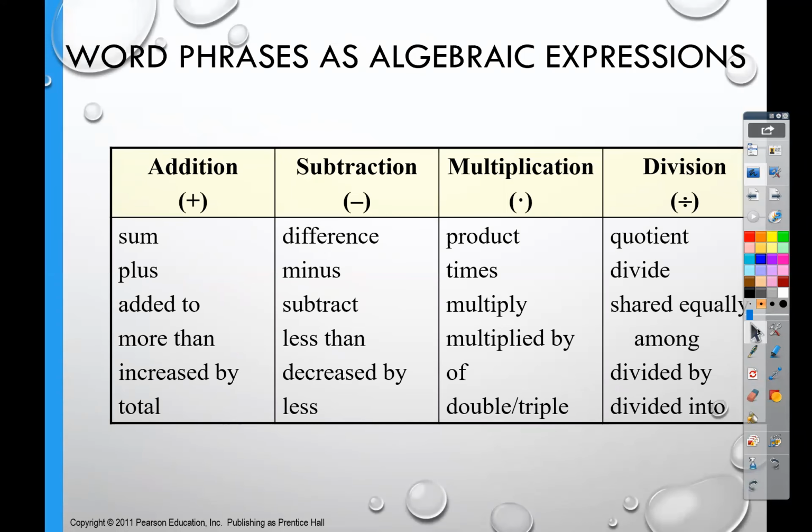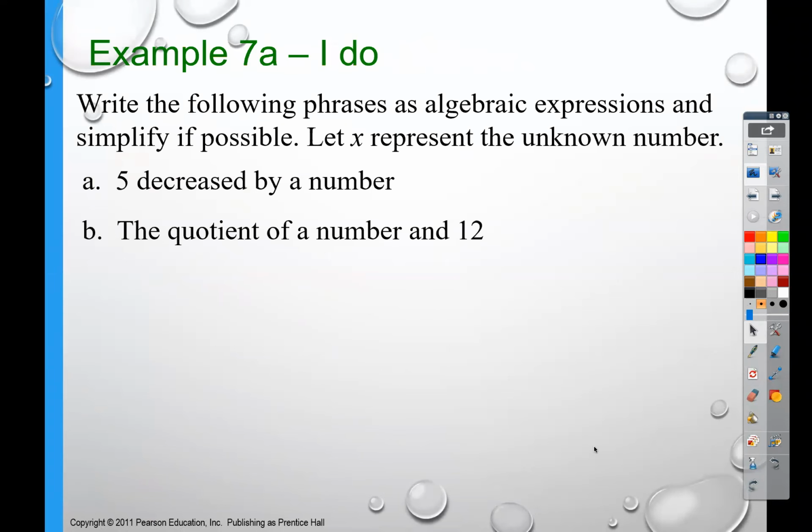Okay, so you can pause it and look at all these words that symbolize what it would be as algebraic expressions: addition, subtraction, multiplication, or division. Number 7 says, write the following phrases as algebraic expressions and simplify if possible.